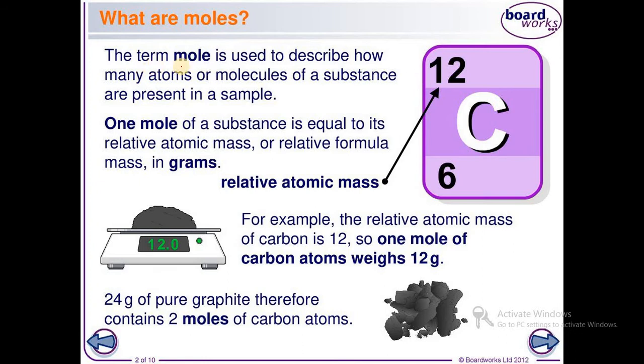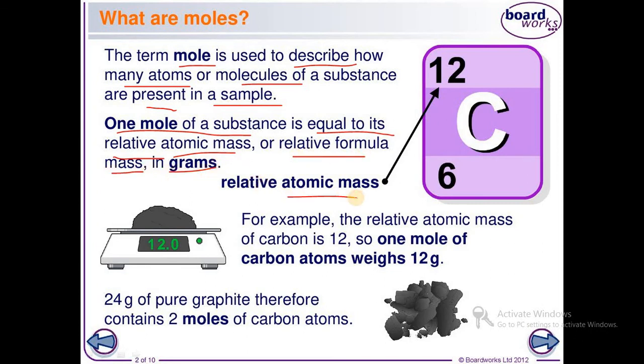What are moles? The term mole is used to describe how many atoms or molecules of a substance are present in a sample. So 1 mole of a substance is equal to its relative atomic mass or relative formula mass in grams.